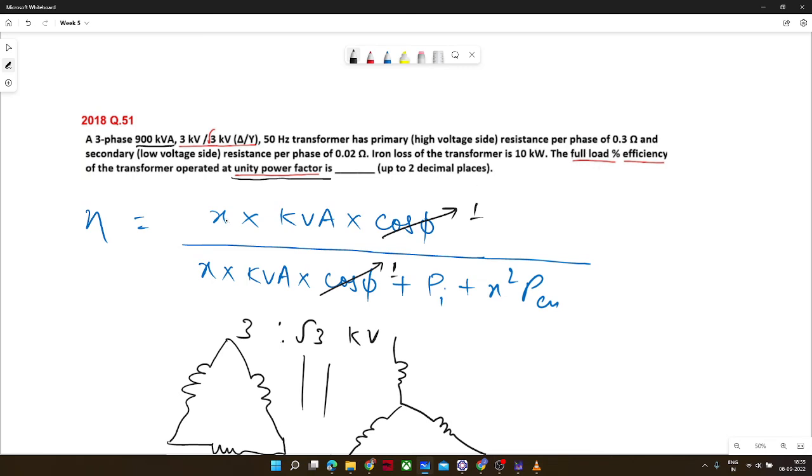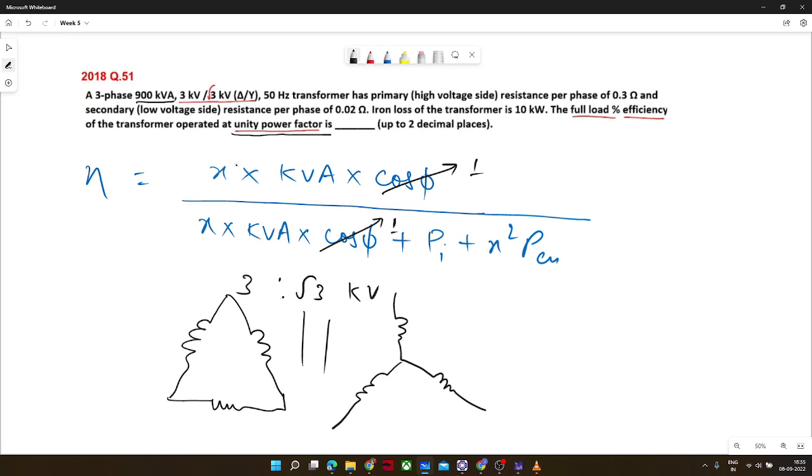If the percentage of loading is mentioned in the problem, we can take loading as 1. So this is 1. kVA is also given, that is 900. We need to calculate iron loss and copper loss.